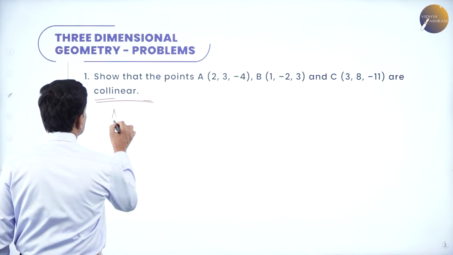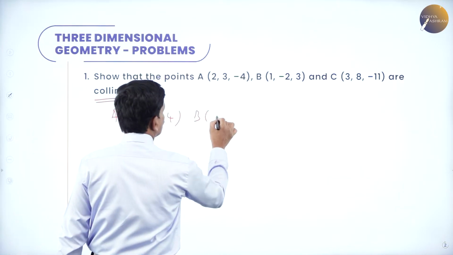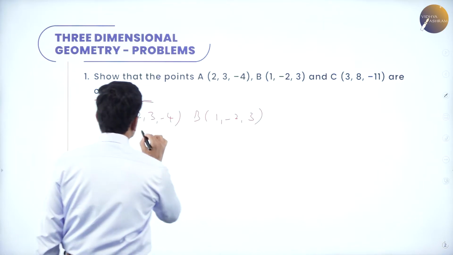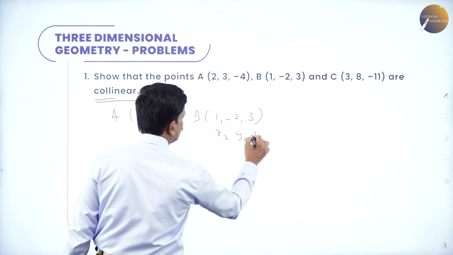So let us find the direction ratios of AB. What is A here? A is equal to (2, 3, minus 4) and B is equal to (1, minus 2, 3). So this is x1, y1, z1, and this is x2, y2 and z2.